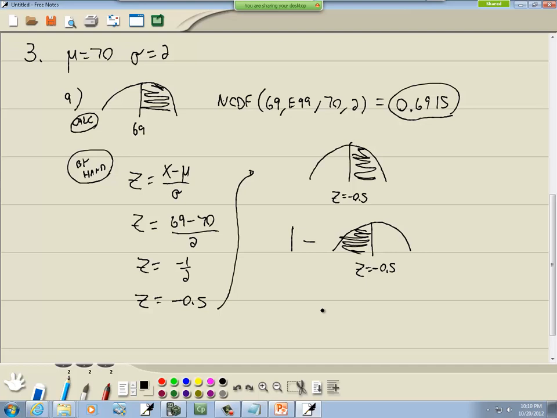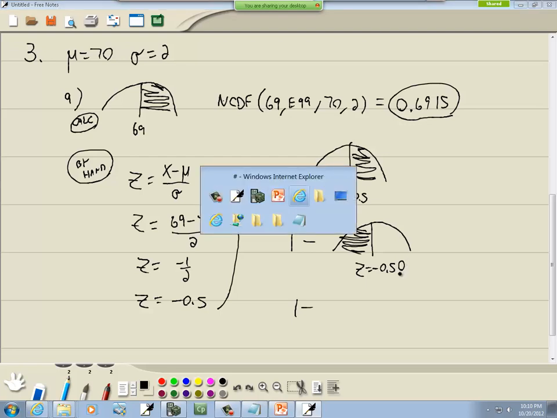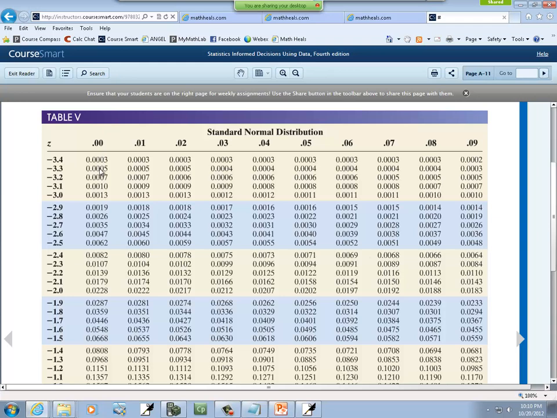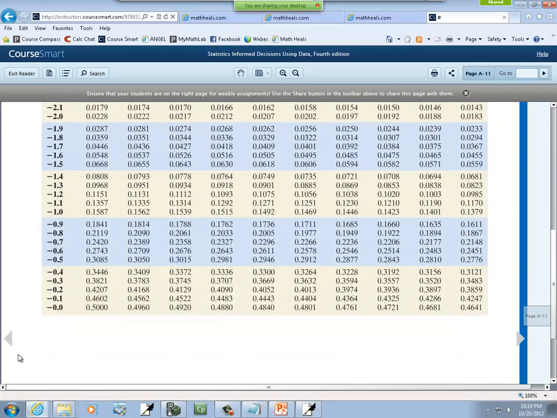Because remember, 1 is everything. So let's go look this up in our table. Now that's really negative 0.50, so our hundredths place is a 0. So we're looking in the hundredths place of 0, this column, and negative 0.5. Negative 0.5 is down here, 0.3085.